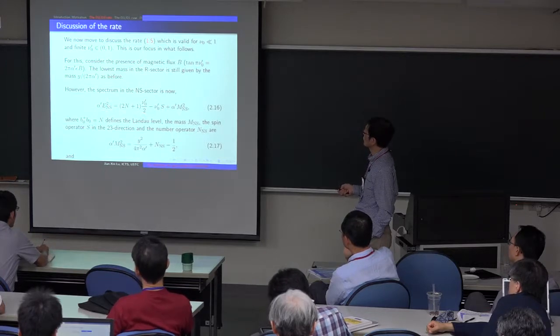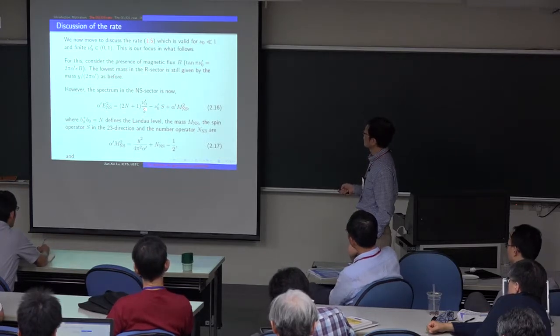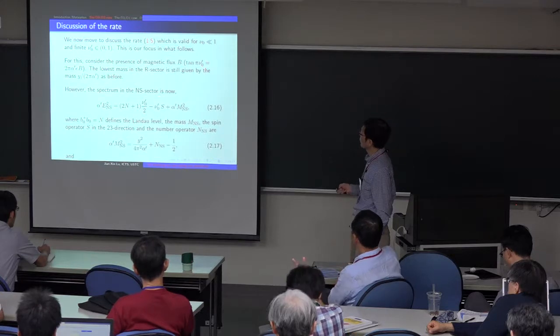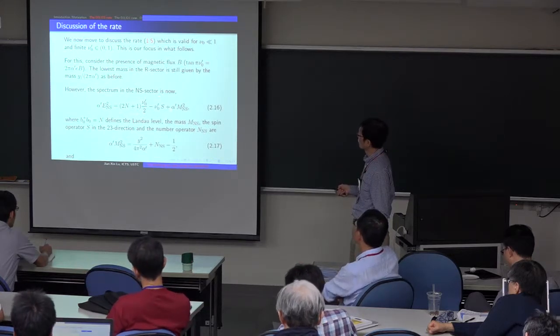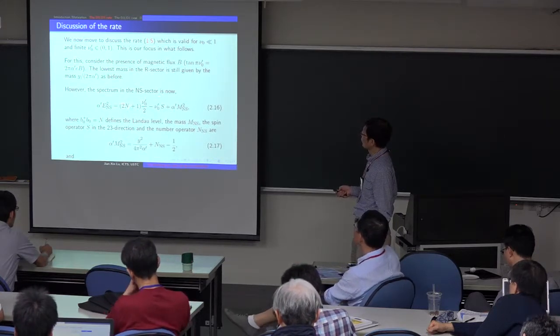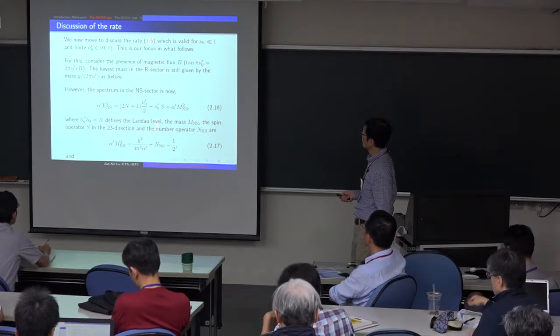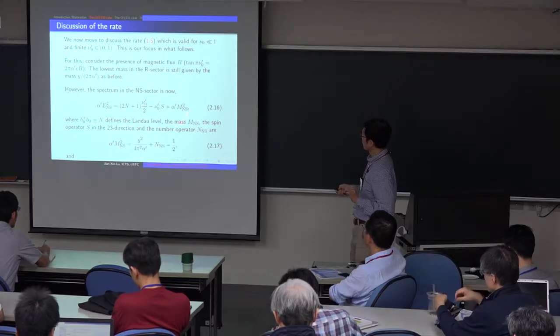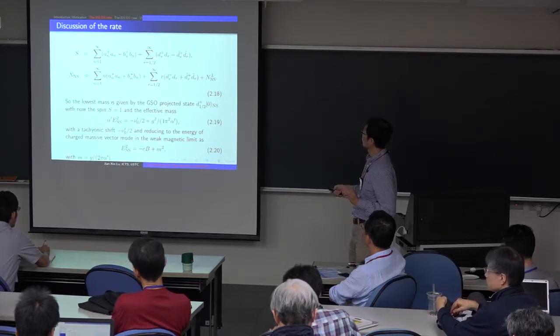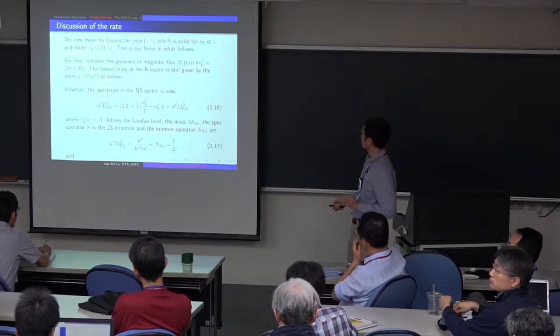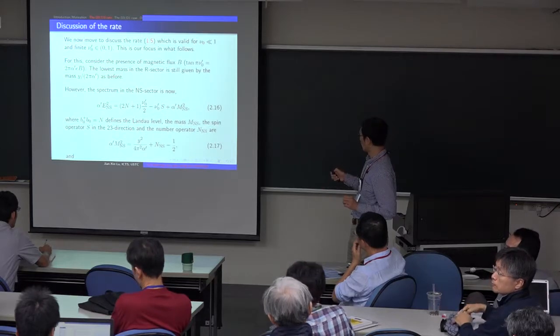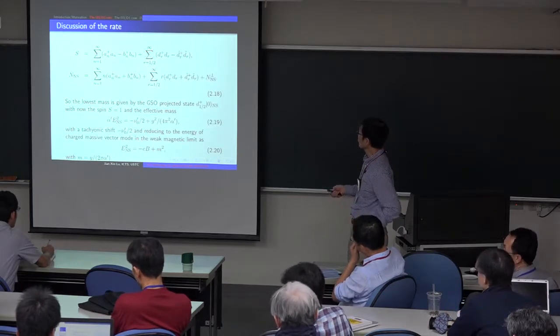For the boson, you find the energy spectrum is given by this original mass. Adding a finite magnetic flux, it is given by this. If we again take the lowest Landau level, the mass is given by this, so this is the energy spectrum with spin operator.